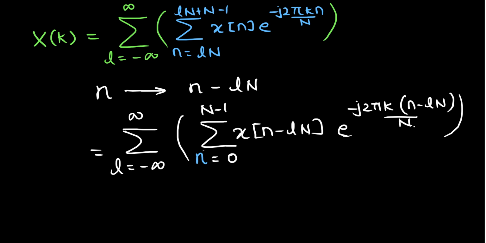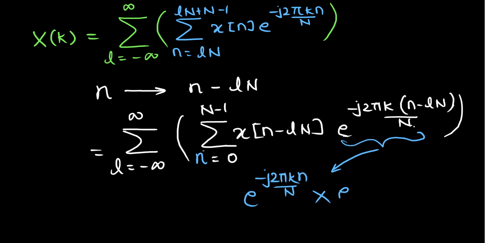Now if we consider this exponent here, the complex exponent, we can write it as e to the power minus j 2 pi k n by n multiplied by e to the power minus j 2 pi k L, and this n and n gets cancelled.